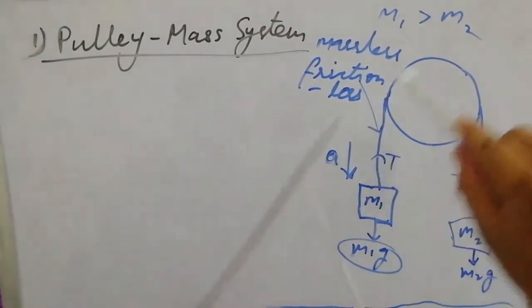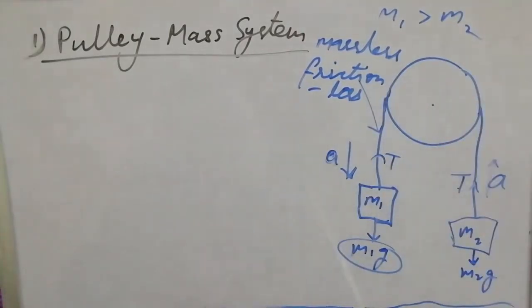Because it is a single piece of string. It is not divided into two pieces. So if two masses are connected with a single piece of string, there must be only one tension in the string, provided the string is uniform throughout the section.